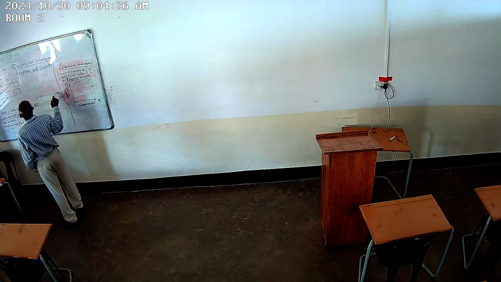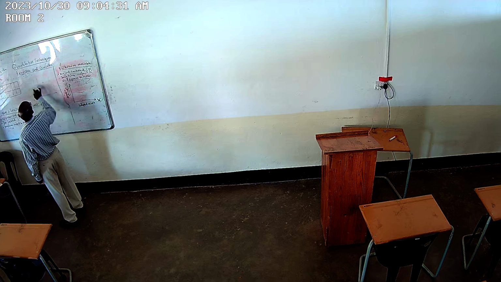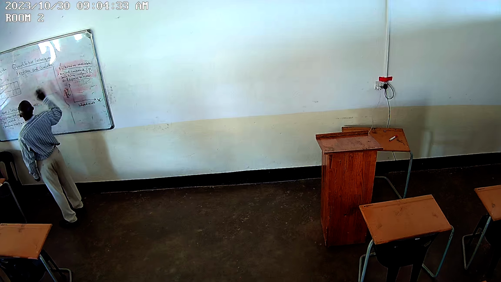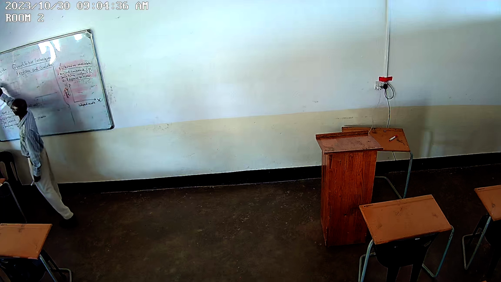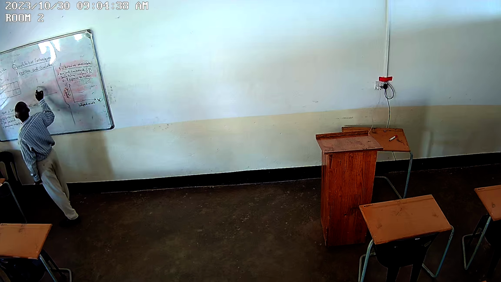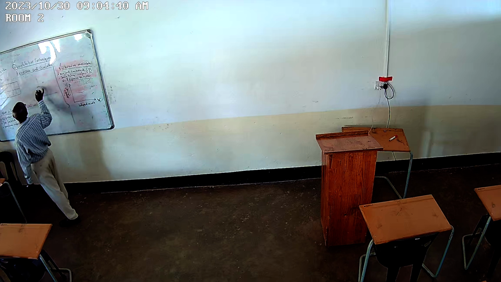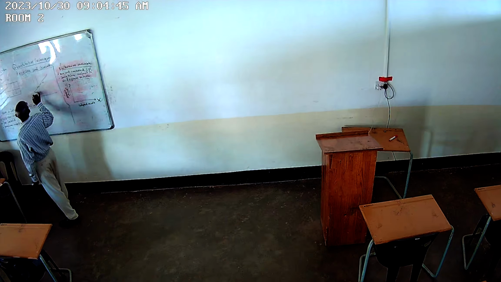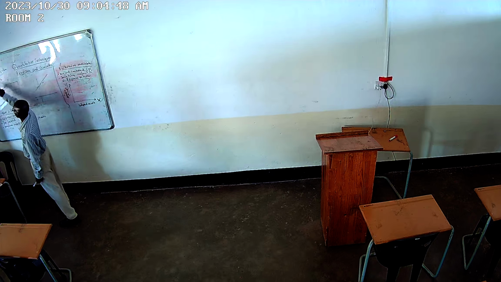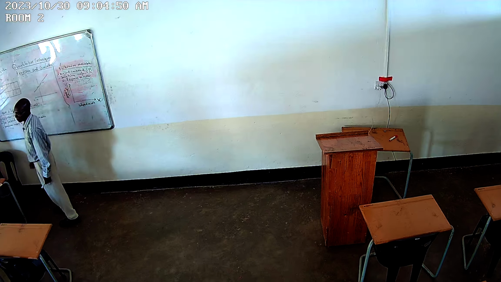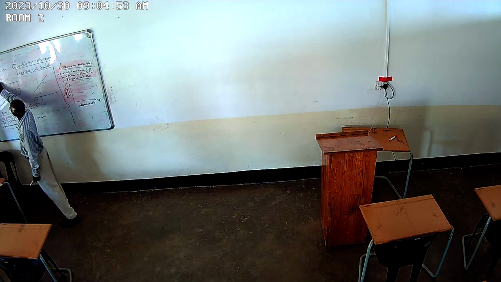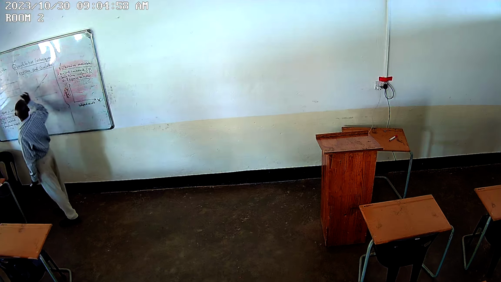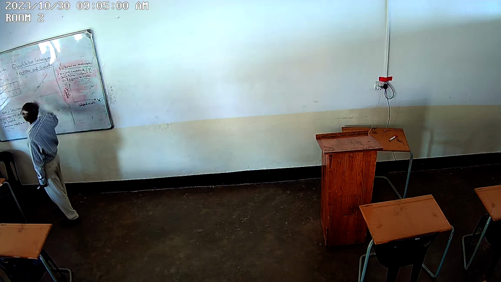It is y equals 3x plus 4, and you are either going this way or that way, it depends. This is the gradient, you know that, right? 3 is the gradient. And this is the 4, where it is touching the y-axis. When you make x equal to 0, that's how we start it, and the y-intercept is at 4. So the y-intercept is where the graph is touching the y-axis.